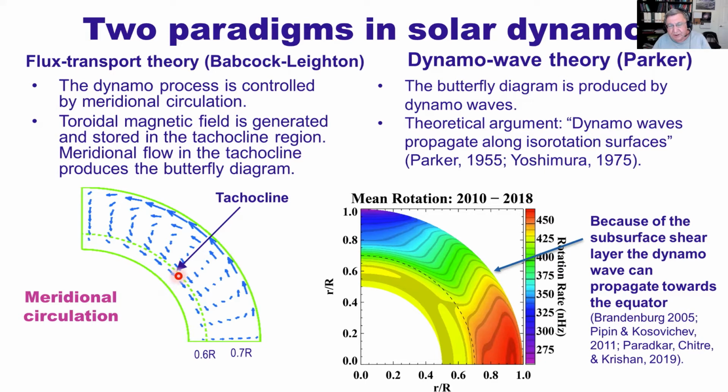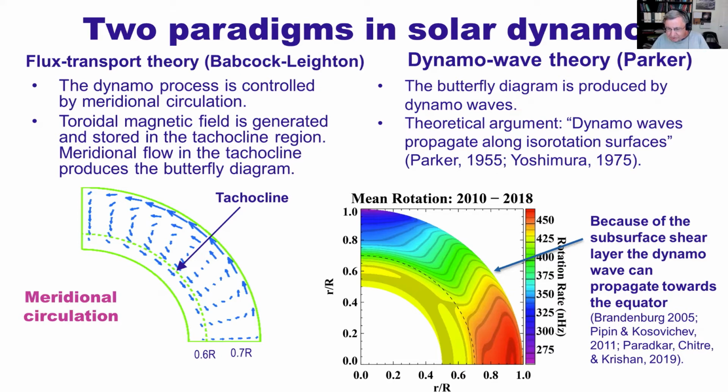The alternative theory, actually the first dynamo theory, was suggested by Gene Parker, and in his theory the butterfly diagram is produced by dynamo waves. Dynamo waves are diffusion waves maintained by the dynamo generation of magnetic field. One of the predictions of the theory is that dynamo waves propagate along isorotation surfaces.